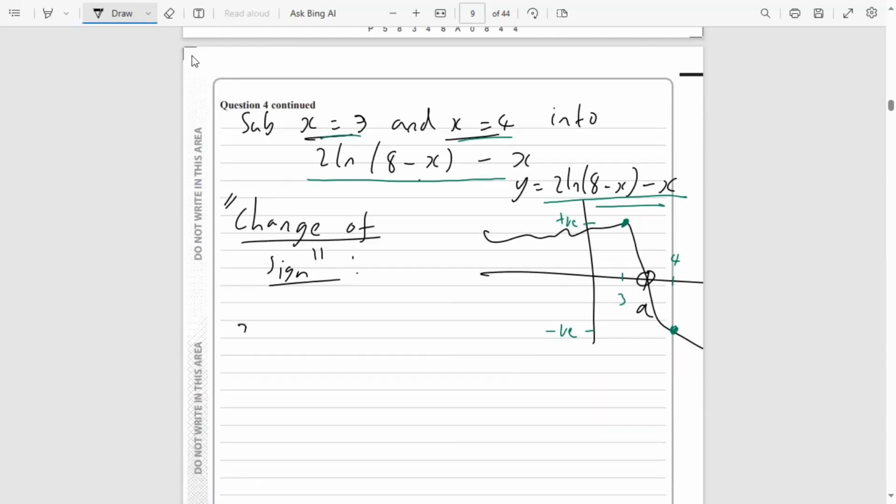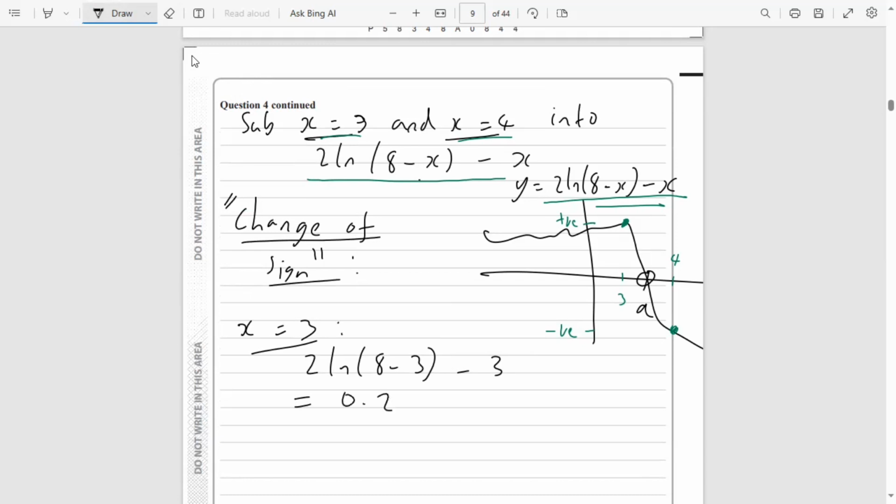Okay, so I'm going to take the formula and plug in x equals 3 first. So we've got 2 ln of 8 minus 3, take away 3. I'm just going to plug that into my calculator. So that's 2 times ln 5, and then take away 3.